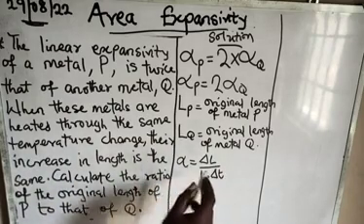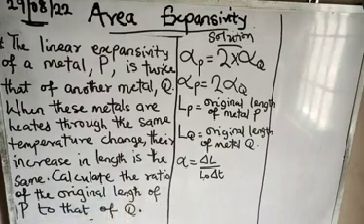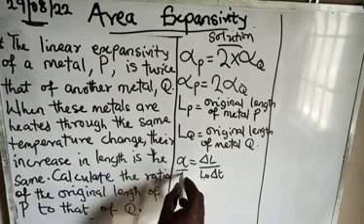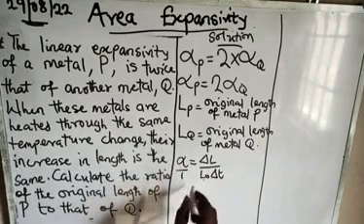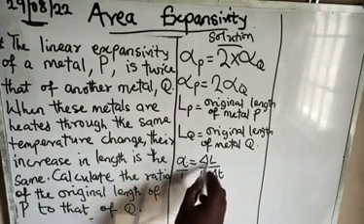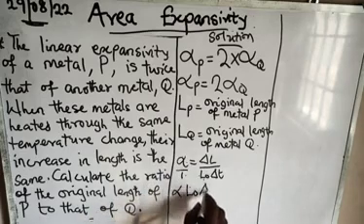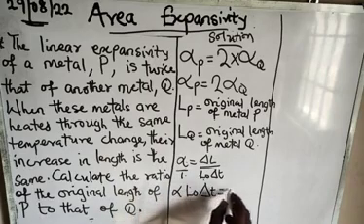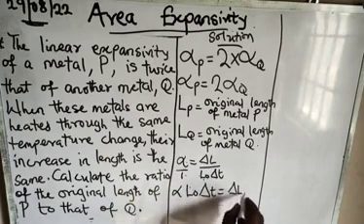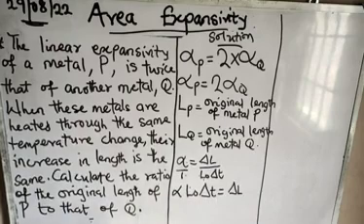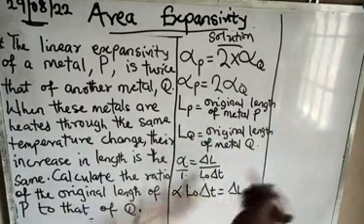Now let's try and make this original length the subject of the formula. I can call this one all over 1, cross multiply. This will multiply this, while this multiplies this. That's alpha times L0 times change in T is equal to change in L times 1, which is the same as change in L. Now I can divide both sides by alpha change in T to cancel this out.